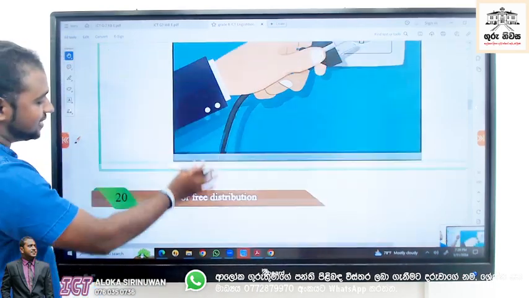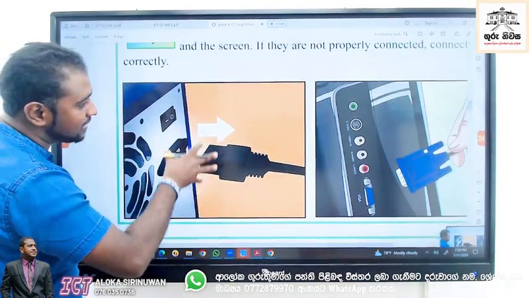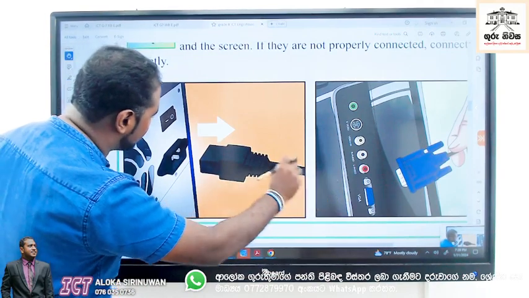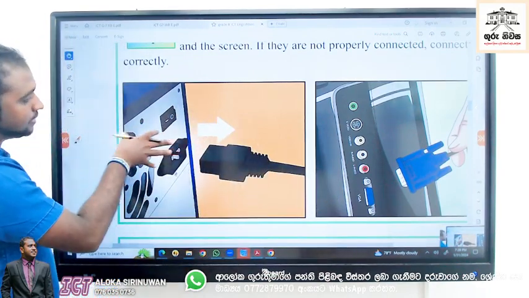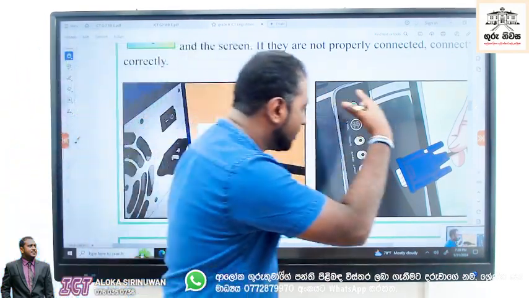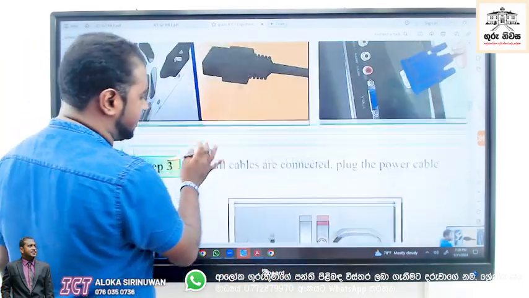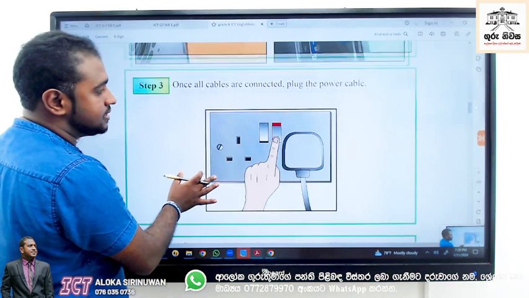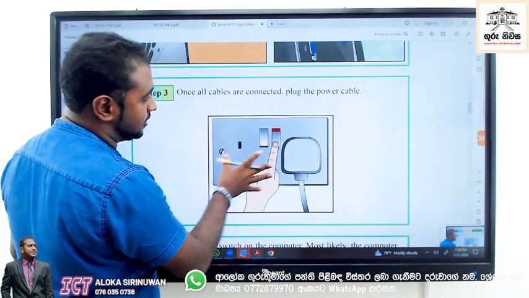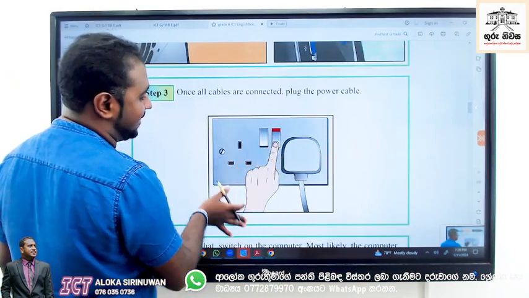Then put a second one. The second step is the same thing. You have to check whether your power cable and the monitor cable are fixed perfectly. Then you can turn on your computer by applying the wall adapter.